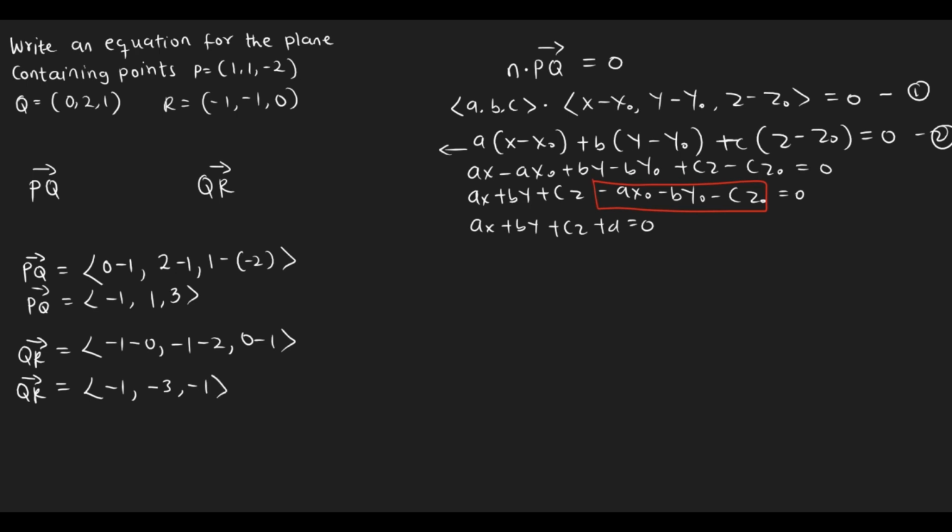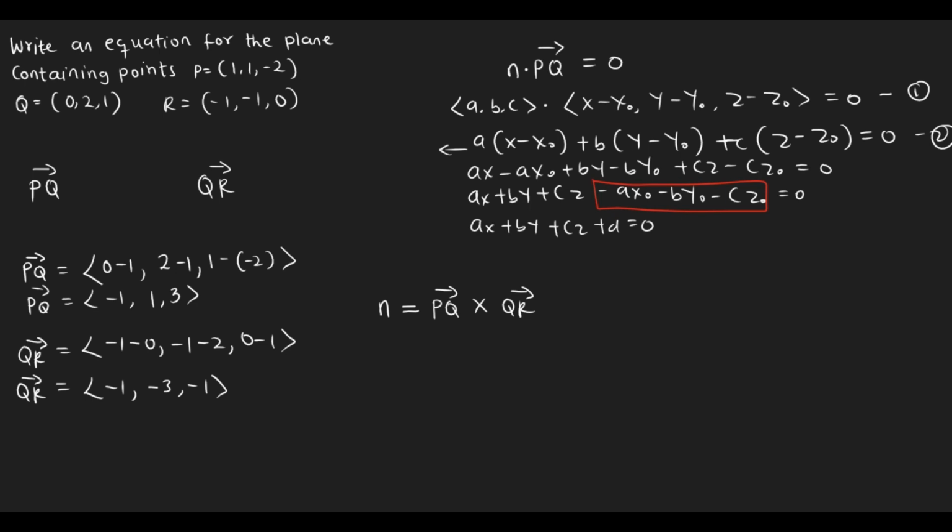In this case, our n, which is the normal vector, will be equal to the cross product of these two vectors which are on the plane. So that will be the cross product of vector PQ and vector QR. What you have to do now is find the cross product of these two vectors, and we are going to do this using the determinant approach.